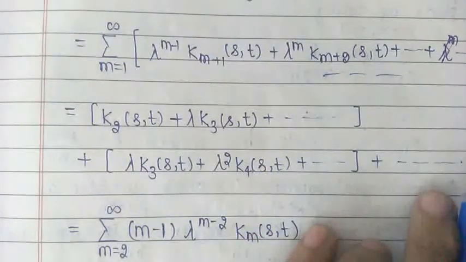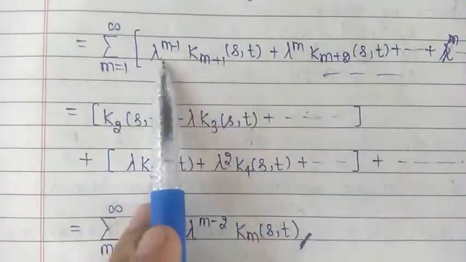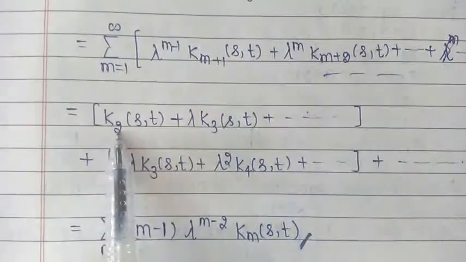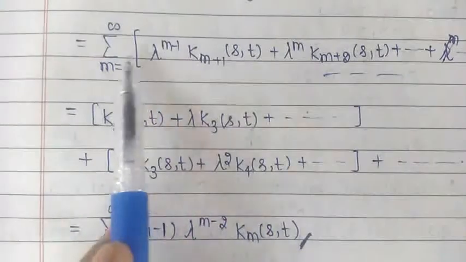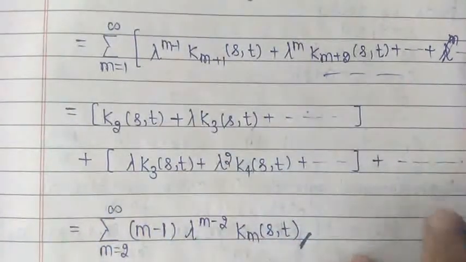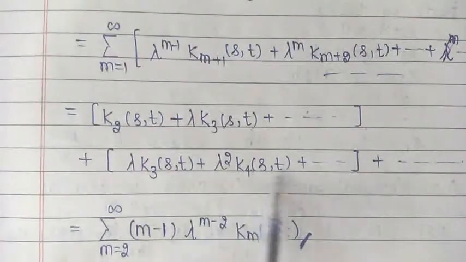After that, let us expand this summation. For m equal to 1, we get K_2(s,t) plus λ K_3(s,t) and so on. If we put m equal to 2, we get λ K_3(s,t) plus λ squared K_4(s,t) and so on.